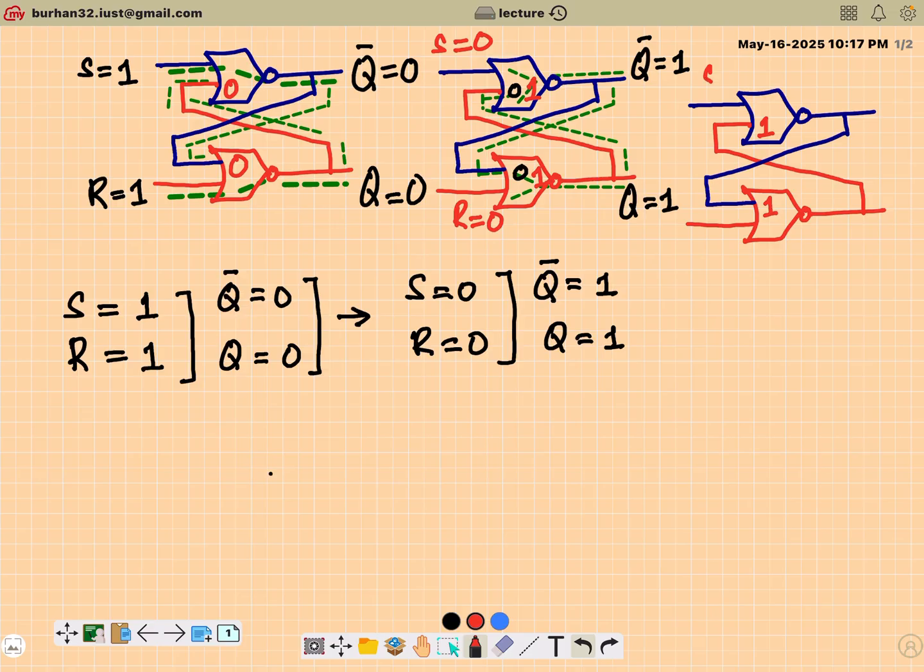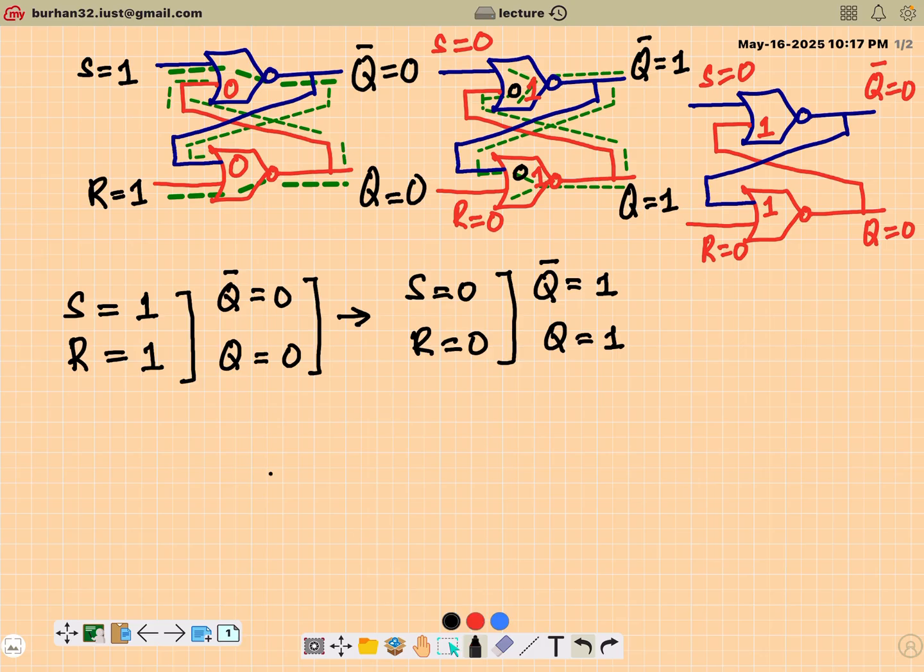And if I continue with S is equal to 0, R is equal to 0, you know that 0 NOR 1 is equal to 0, and again this is equal to 0.